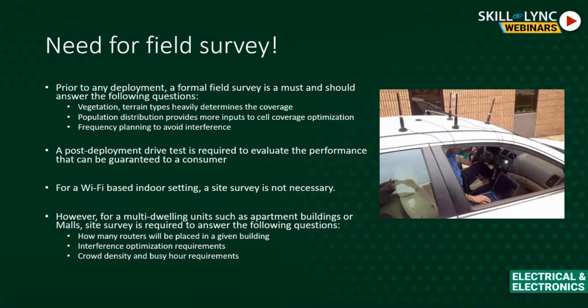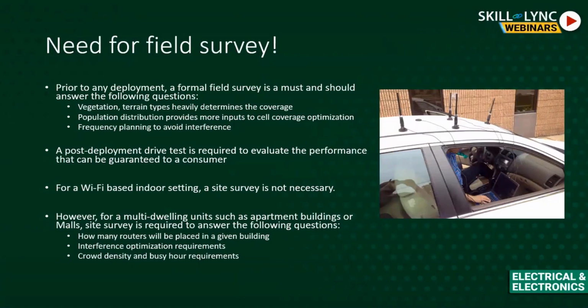Another item is the need for field survey. You might see some of these vehicles around that go around and make measurements. This is prior to a deployment. What happens is you set up a dummy antenna, use a dummy frequency on the tower, and then use another antenna on the vehicle, and drive around the area and measure your propagation loss, signal power that is being received, and any interference that can possibly occur.